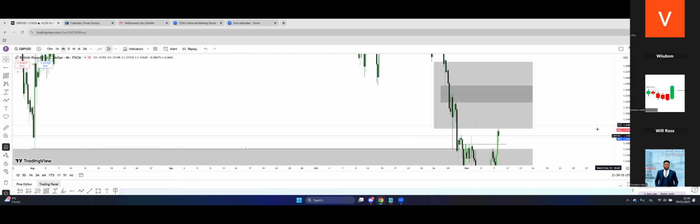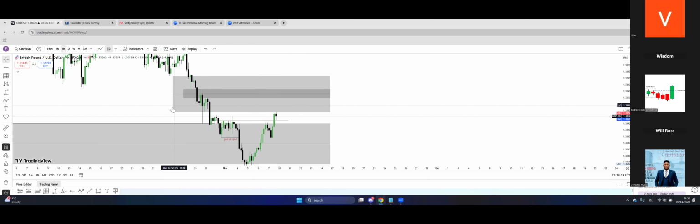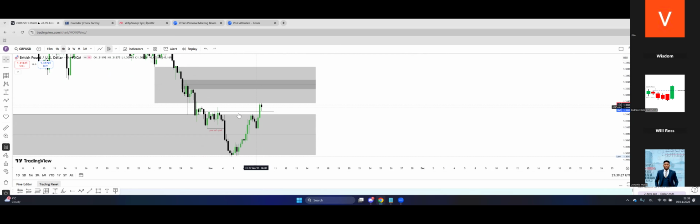So now looking at the 4-hour time frame, like I say, remember we have the daily inefficiency and the weekly inefficiency right here. And we have the last area after the change in state of delivery, this low and this high.